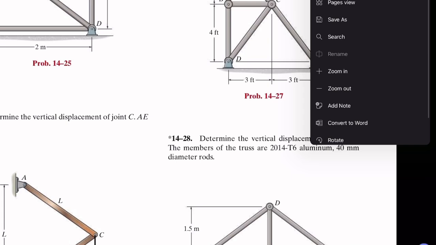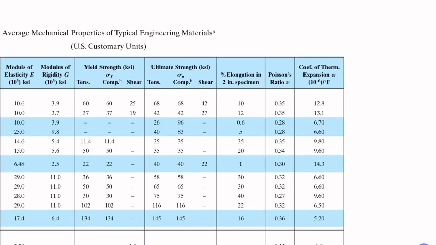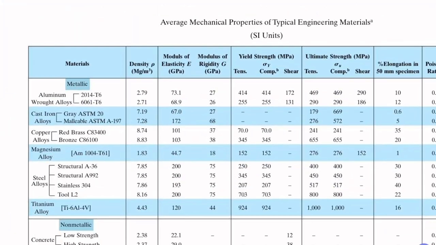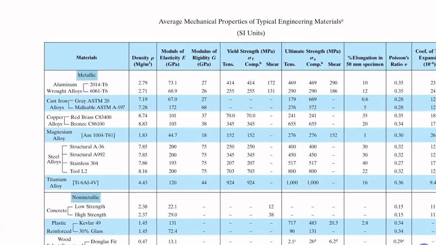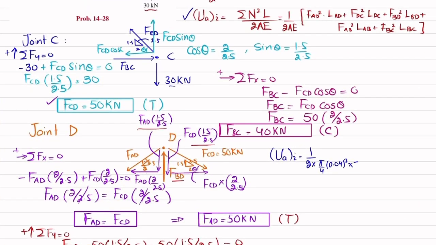Okay. So I will go to the property tables and you can see you have this table in SI units. So here you can see that for 2014-T6, this is 73.1 in gigapascal. 73.1 into 10 to the power 9. Clear? Multiply by FAD. Now where is FAD?